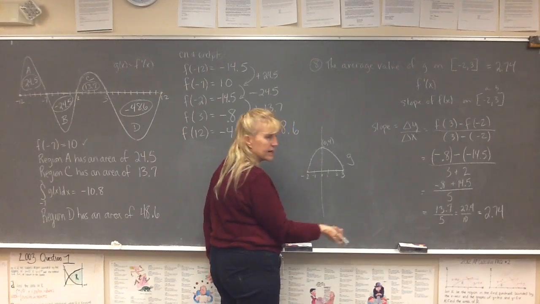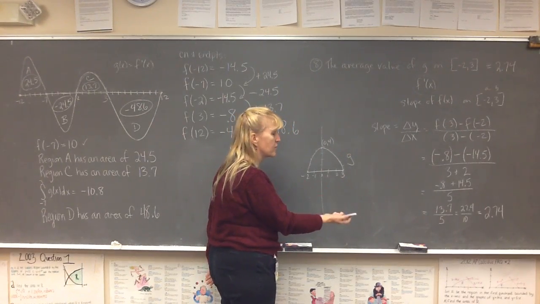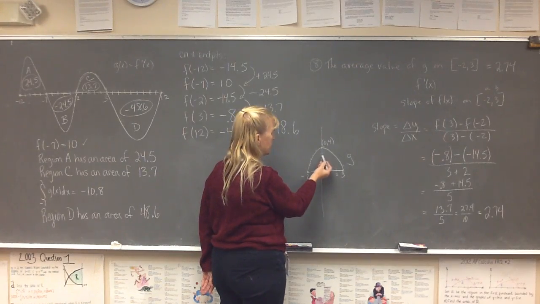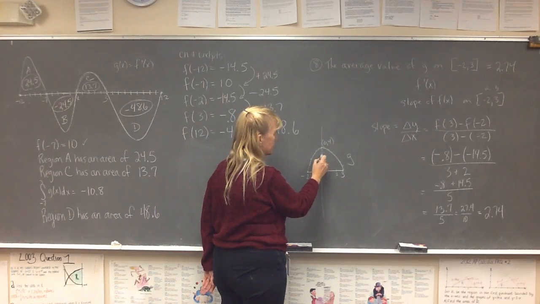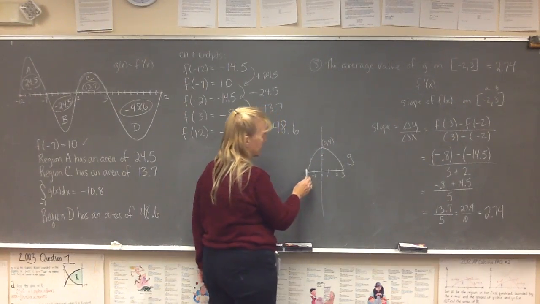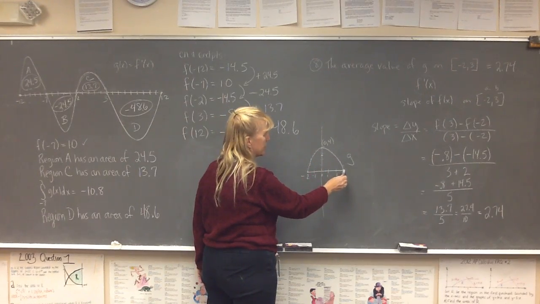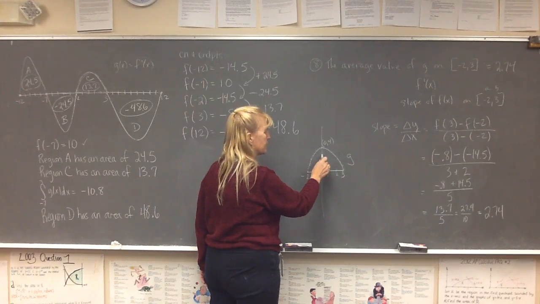Now, the average height, I'm telling you the answer is 2.74 because we thought it out using the concept of slope. And 2.74 is right around here someplace, maybe a little bit higher. So I know that the value of g is lower at some points, it's higher at some points, and it's lower at some points. However, the average value is right here.